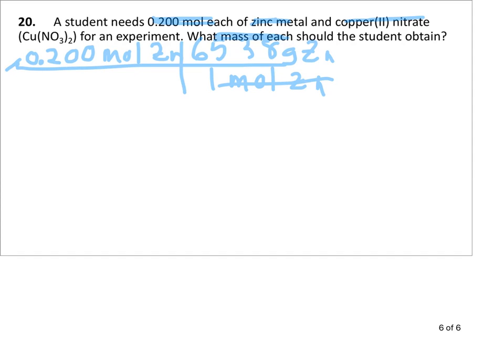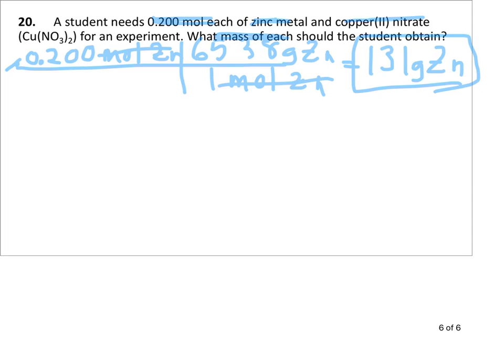Mole of zinc cancels mole of zinc. Doing a little multiplying, and it looks like we get to keep 3 sig figs. 0.200 is 3 sig figs, 13.1 grams of zinc. So there's our first answer. So the student should mass out 13.1 grams of zinc.